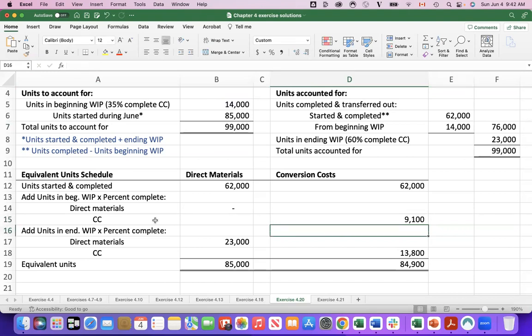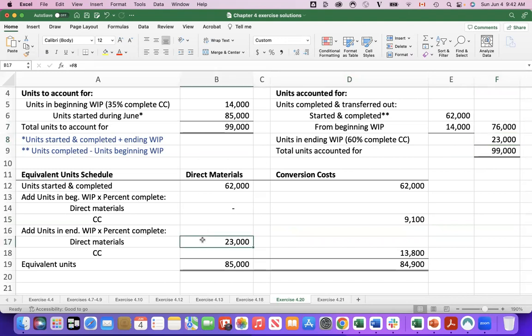The last element I have to calculate is the equivalent units in ending work in process for the month of June. We had 23,000 units actually in ending work in process. Remember, those are all 100% complete as soon as I start production with respect to direct material costs. So the equivalent units amount is going to be 100% for direct materials.